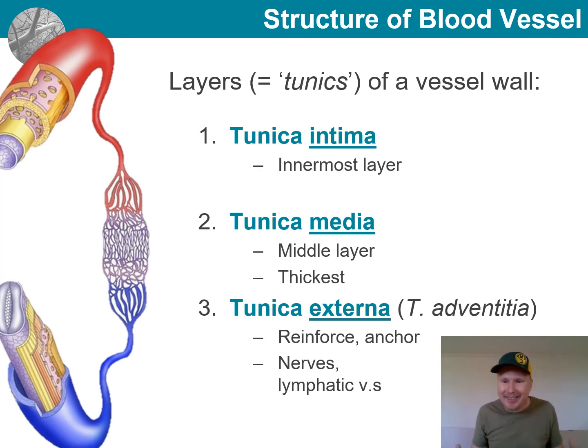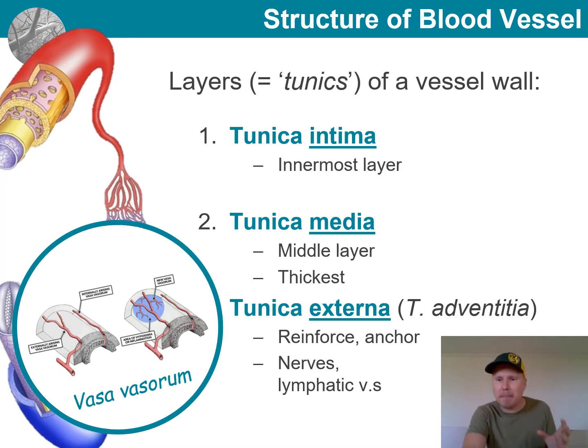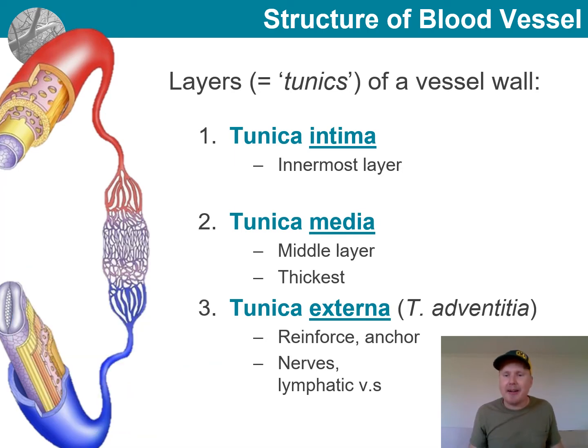So in the case of tunica externa or adventitia, whichever term you prefer, we may have smaller blood vessel branches that actually nourish the vessel wall itself. These are known as vasa vasorum. So that's our three layers of the general structure of a blood vessel wall.